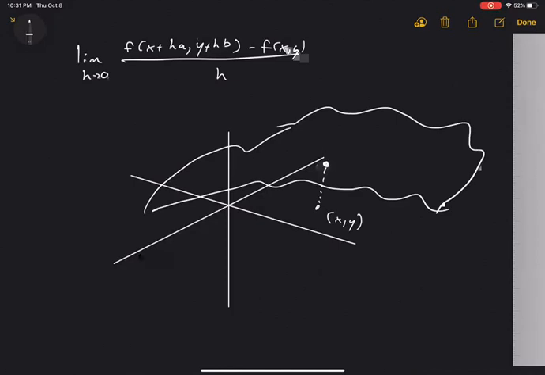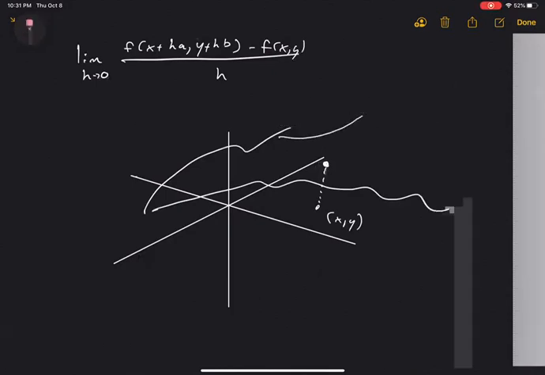It appears I've just drawn a flat thing, so let's give this some structure, like a hill-type thing. So this is the point (x, y, f(x, y)).